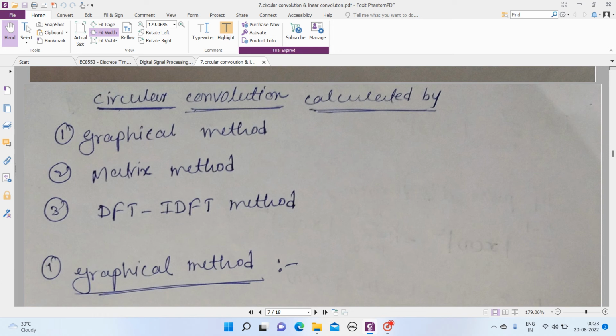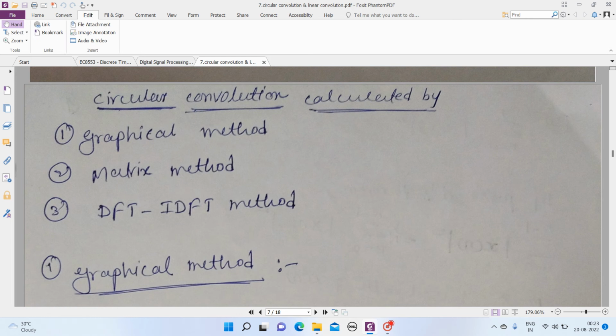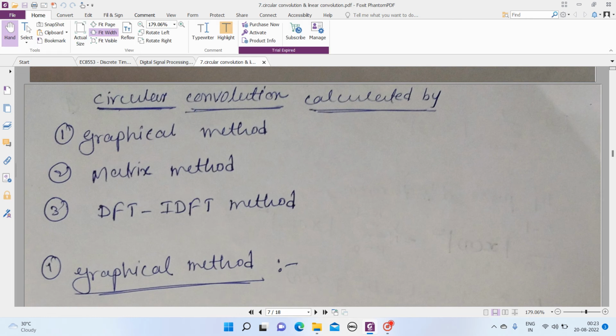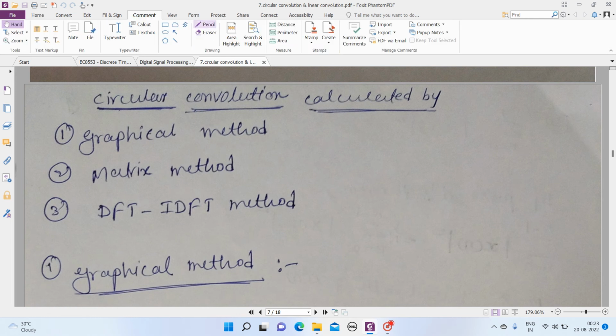We can solve the circular convolution problem by different methods. The first method is the graphical method, the second is the matrix method, and the third is the DFT IDFT method. DFT means discrete Fourier transform, and IDFT means inverse discrete Fourier transform.